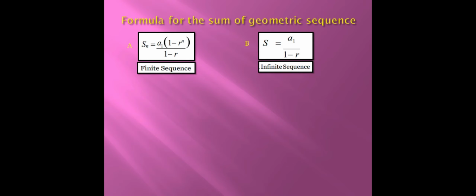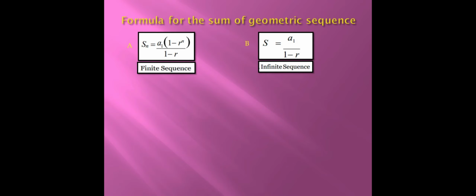So ganito yon. May mga given tayo o mga katanungan na aabot sa hanggang sa pinakamataas na number of terms. So, halimbawa, hinahanap natin yung S sub 50. Ibig sabihin, the first 50 terms of the given sequence. So, hindi na natin kailangang i-add pa A sub 1 hanggang A sub 50.